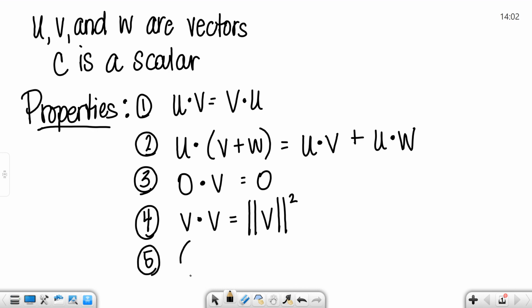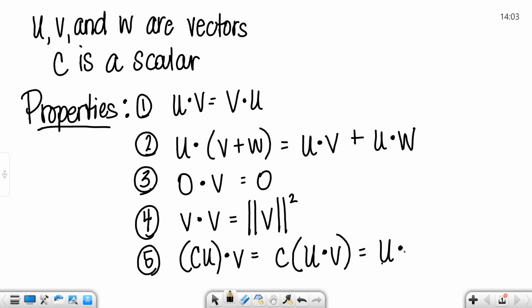And then the last property says if you're multiplying one of the vectors times a scalar, and then you want to do the dot product, you can really move that scalar around. Do the dot product of the two vectors, and then multiply that answer times C. Literally multiply, that's not a dot there.